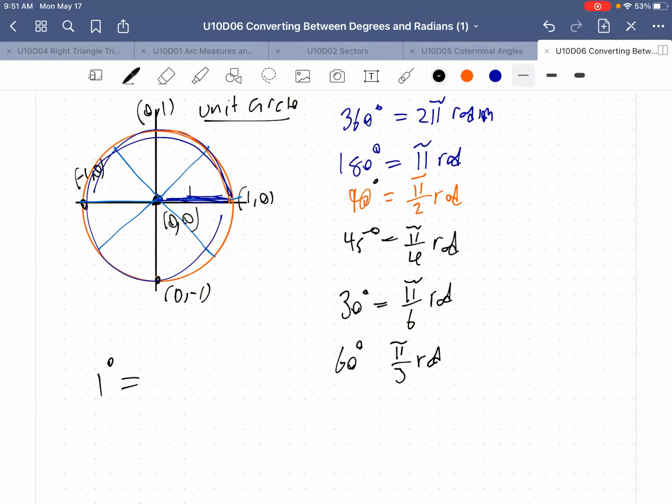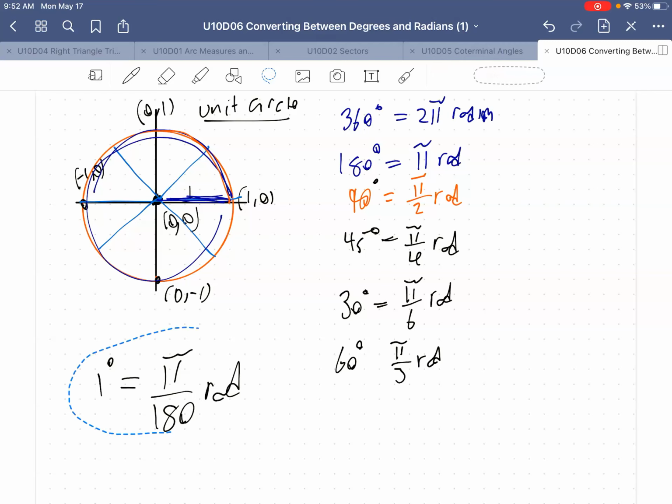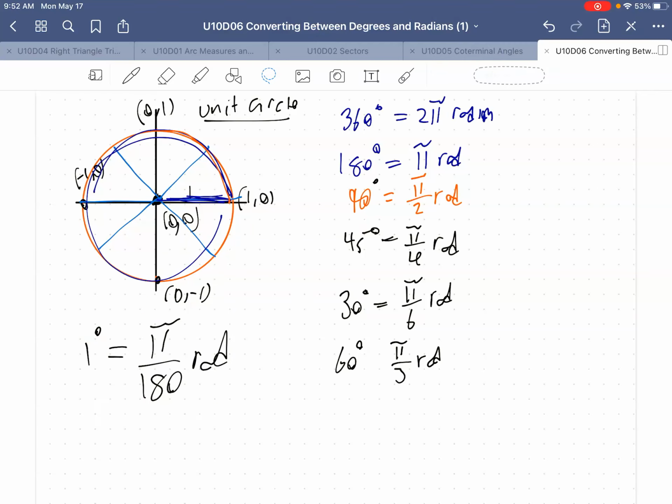So 1 degree converted into radians is going to be equal to pi over 180 radians. So if you ever want to convert from degrees to radians, you multiply by pi over 180.